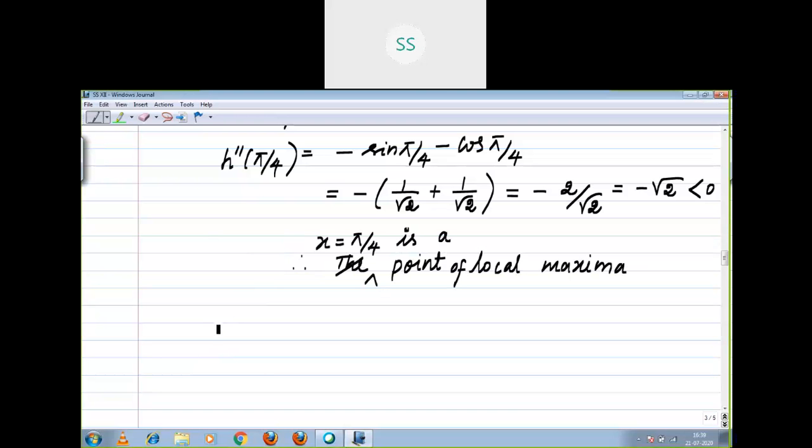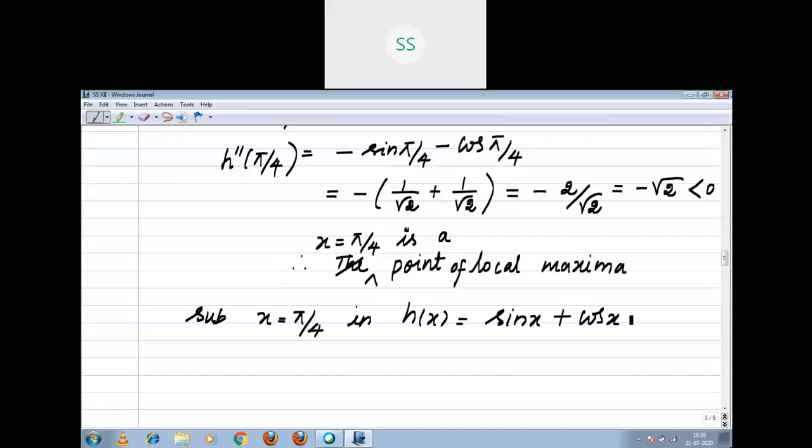You want to find the local maximum value. Substitute x is equal to pi by 4 in h of x equal to sin x plus cos x. You have to substitute the critical point in the given function, and it gives you the local maximum value, right? h of pi by 4 equal to sin pi by 4 plus cos pi by 4.